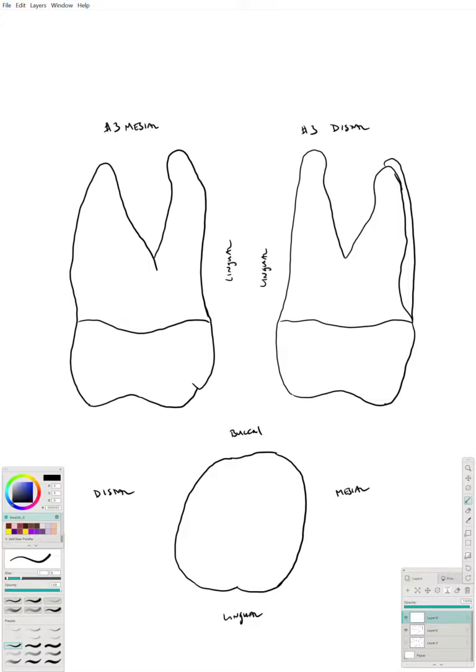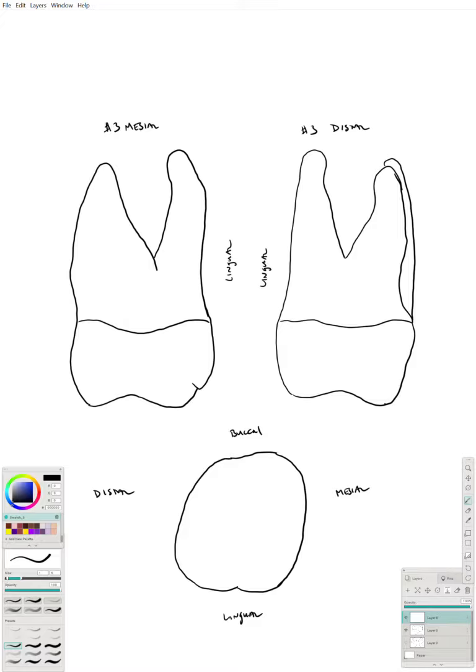In clinic, knowing this kind of stuff will really help when you're trying to determine where the CEJ is when you're doing pocket depths and measuring recession. It matters. Knowing how the curvature works can really help you in determining certain things that you'll need to be able to identify in clinic. So bear that in mind.